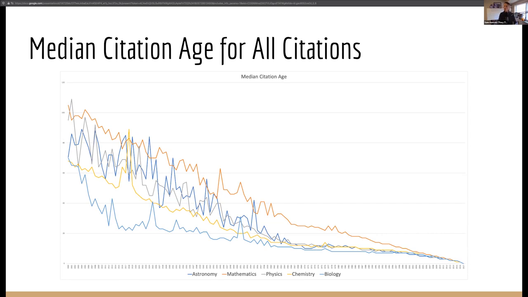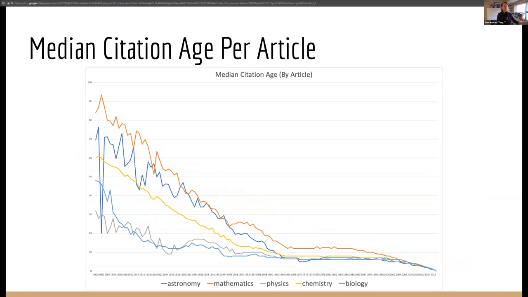And this is the total amount of citations. This is actually if you start taking the median per article and then the median of all of the articles. And we notice something very interesting here. So chemistry before, which was solidly second youngest, all of a sudden jumps or stays further up, and physics just drops way down.